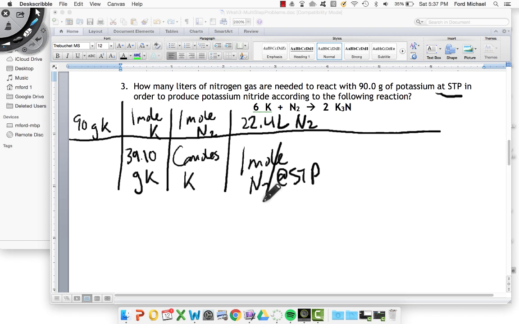My moles of nitrogen cross out, moles of potassium cross out, grams of potassium cross out.